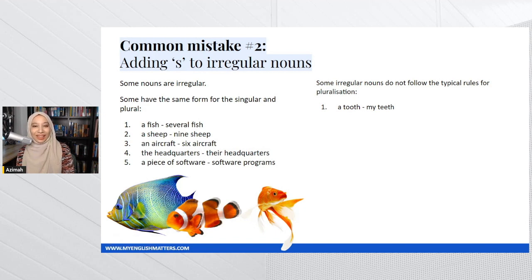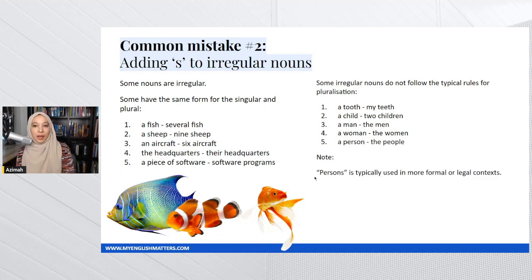My teeth. Let's take a look at some more examples. A child, 2 children. A man, the men. A woman, the women. A person, the people.